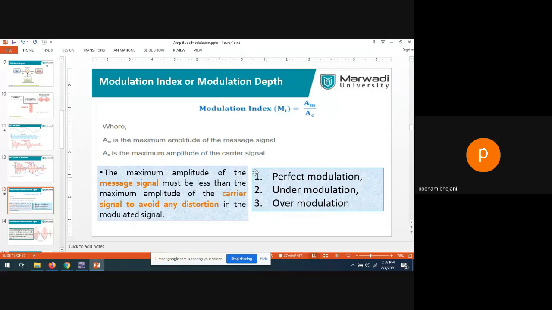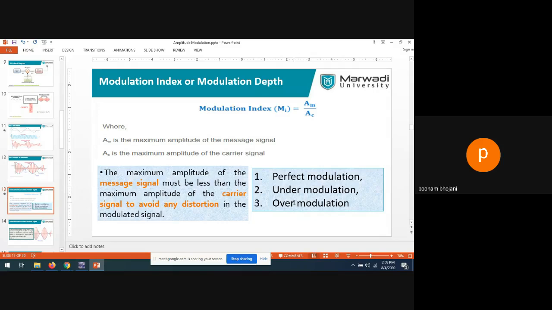So three types of modulation can be there by using the modulation index, according to the value of the modulation index. The first is perfect modulation. Perfect modulation is the one in which modulation index equals 1.